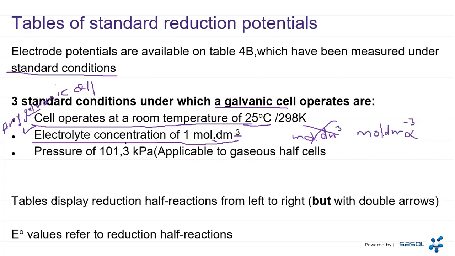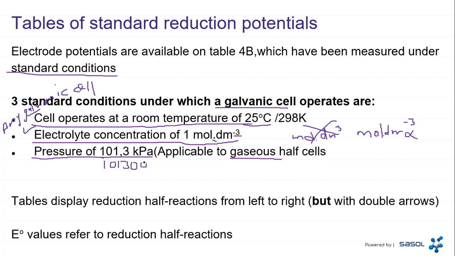If we ask you for three standard conditions under which a particular galvanic cell is operating, then you must know that we are dealing with one half cell, either being a gaseous half cell or both of them being gaseous half cells. And there you will say a pressure of 101.3 kilopascals. And that's exactly how you write it and how you write your units. 101.3 kilopascals.